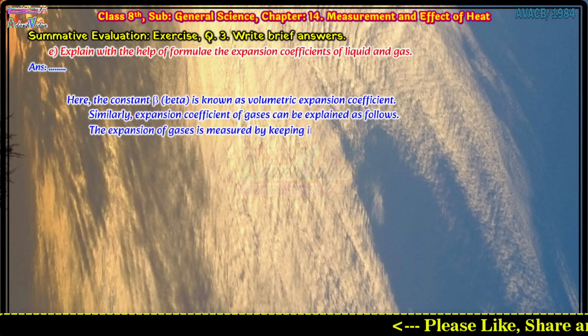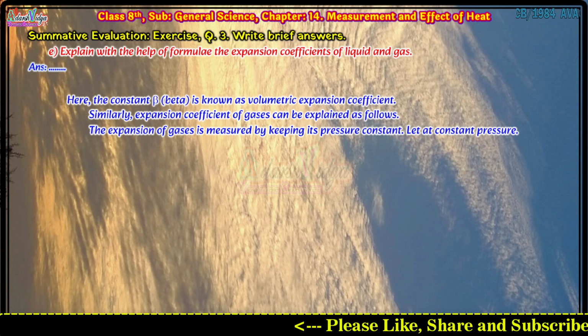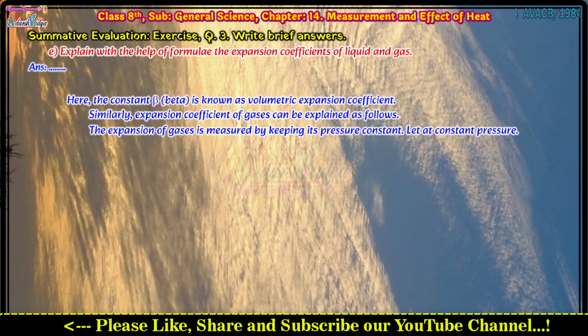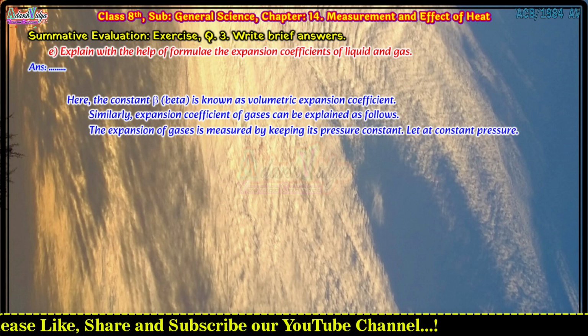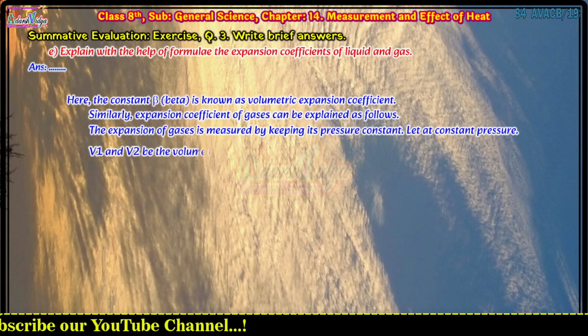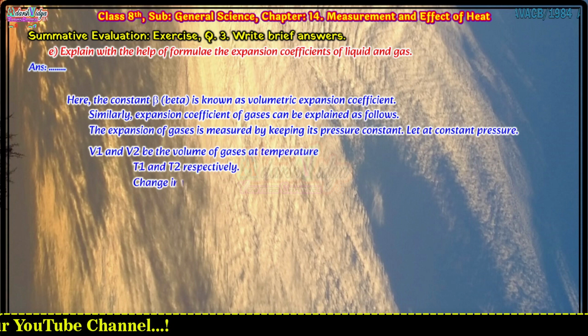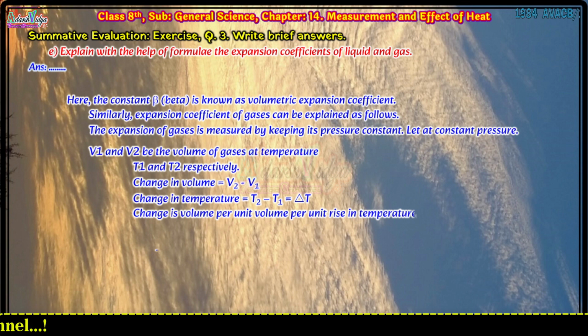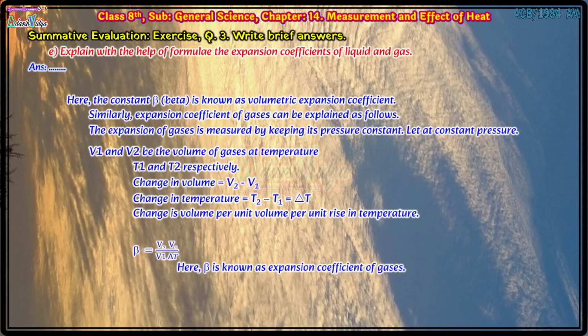Similarly, the expansion coefficient of gases can be explained as follows. The expansion of gases is measured by keeping its pressure constant. Let, at constant pressure, V1 and V2 be the volumes of the gas at temperatures T1 and T2 respectively. Change in volume equals V2 minus V1.